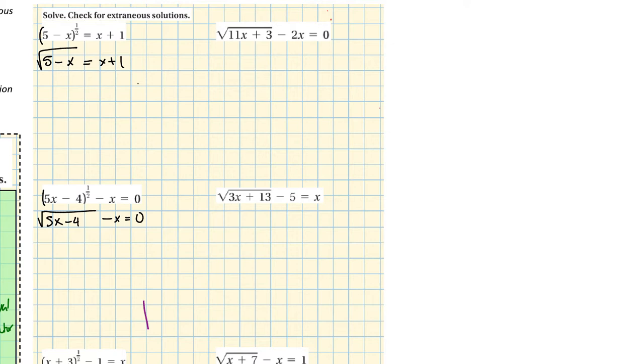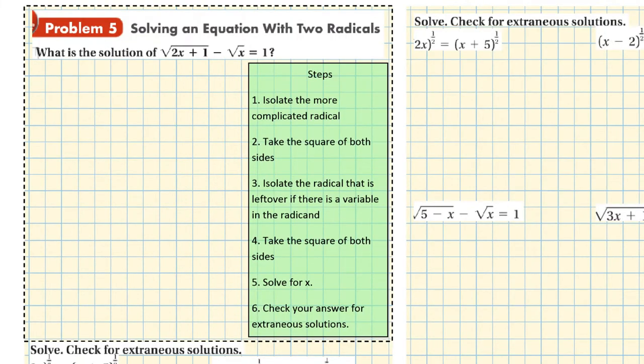Now what we're going to do is solve radical equations with two radicals. The idea behind how to solve these is to isolate the most complicated radical, solve that first, and then continue on with the least complicated radical. So let us begin. Let me rewrite the equation.